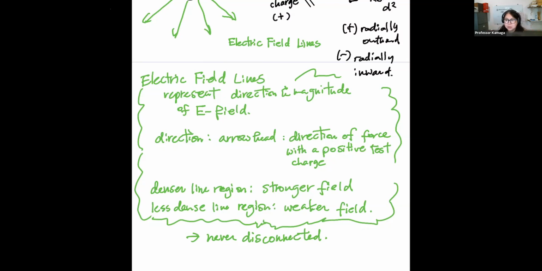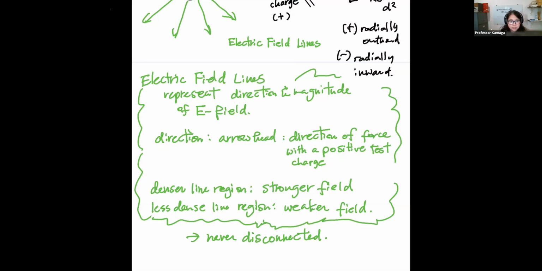It approaches zero by 1 over d squared, but it never becomes zero. So we can't really use the length of the arrow to represent the magnitude of the electric field.